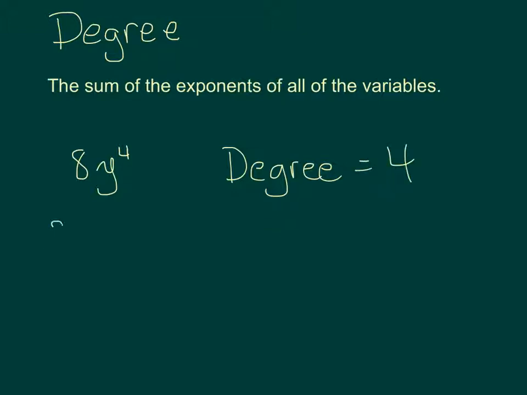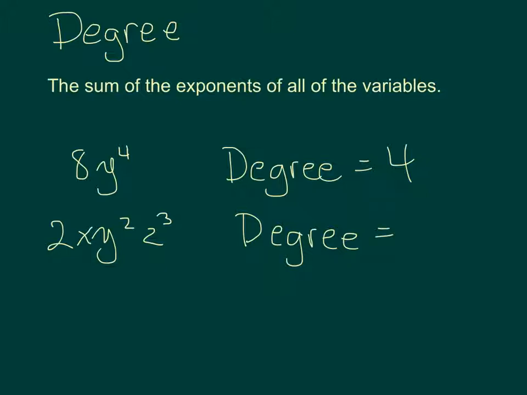If I had something like 2xy squared z to the third, then I would add up the sum of all of the exponents, and I have to be really careful that I remember that the x is an x to the first, so I have to count that 1 as well. So 1 plus 2 plus 3, that would be 6. So the degree of that monomial would be 6. Just add up the sum of all of the exponents of all of the variables.